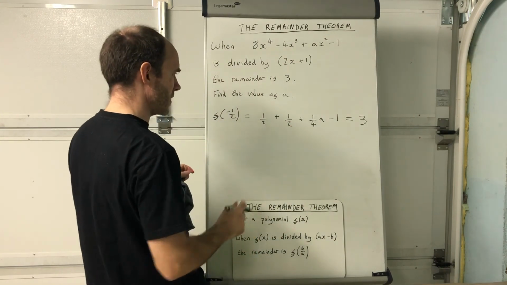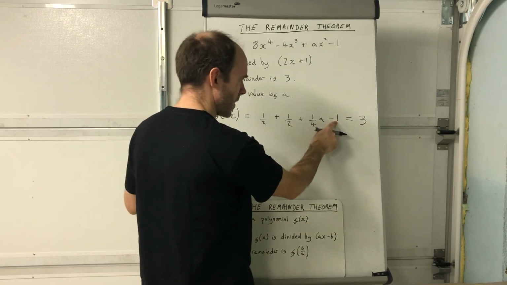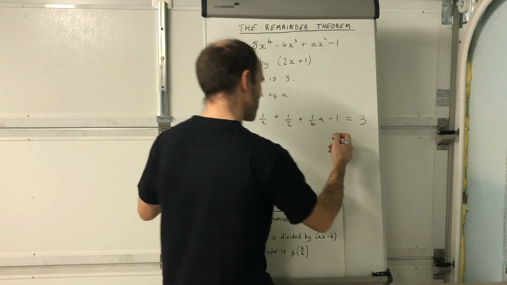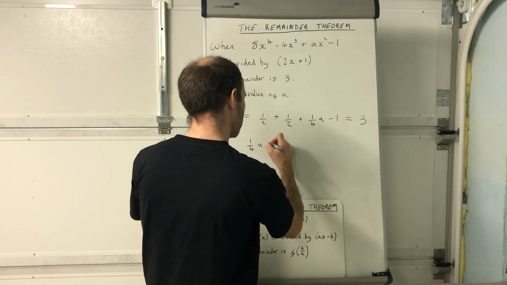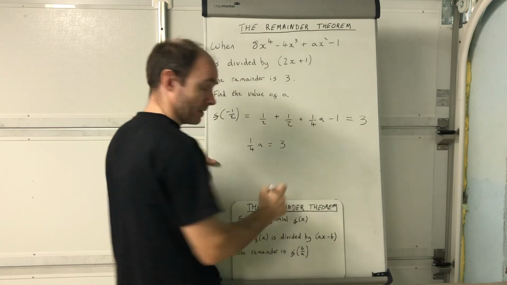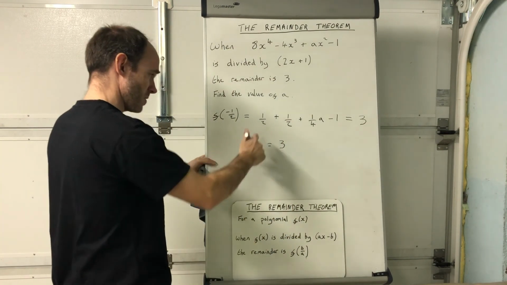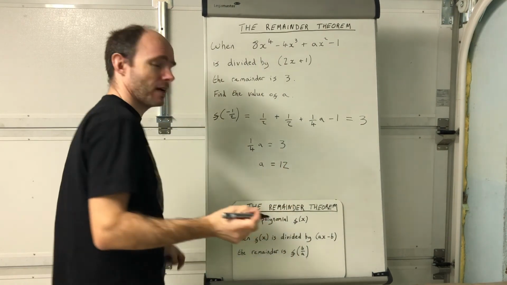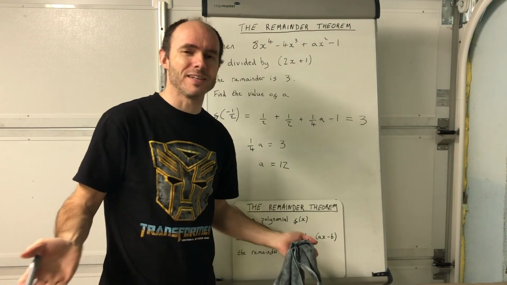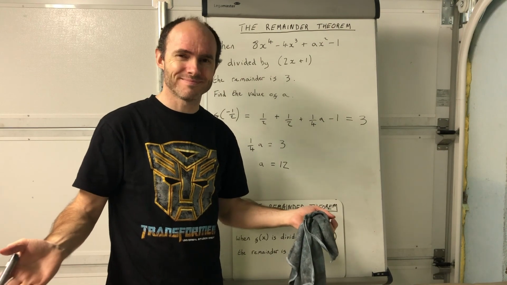And so what we've got is 1/2 plus 1/2, subtract 1, which is 0. So you end up with just 1/4 a is equal to 3. And so multiplying both sides by 4, a is equal to 12. And that is it. Hope you found it helpful. I'll see you again.